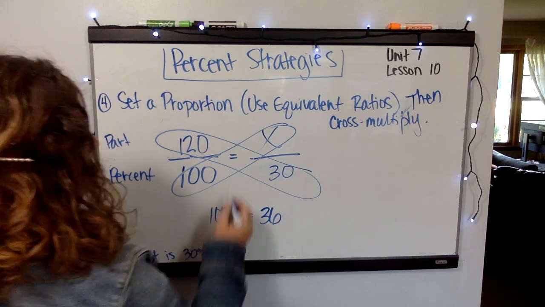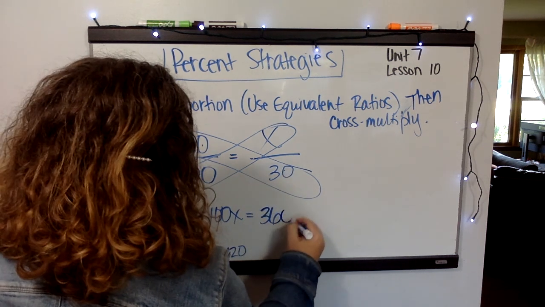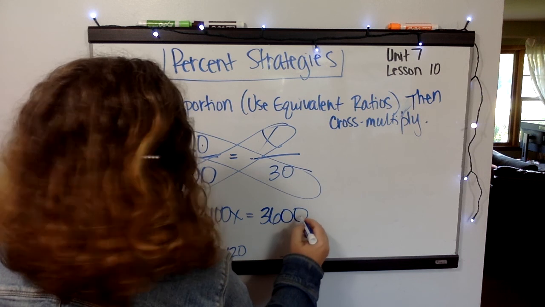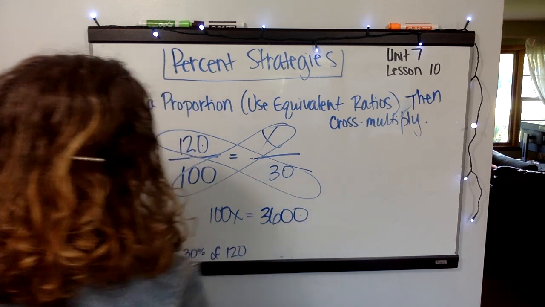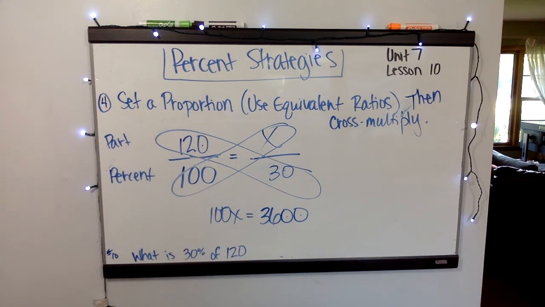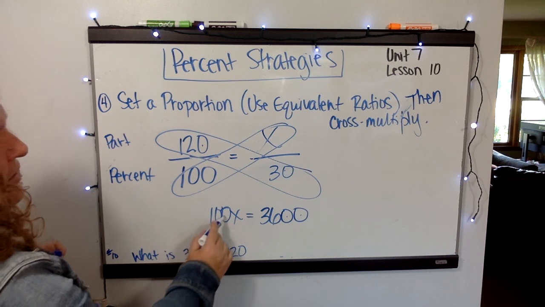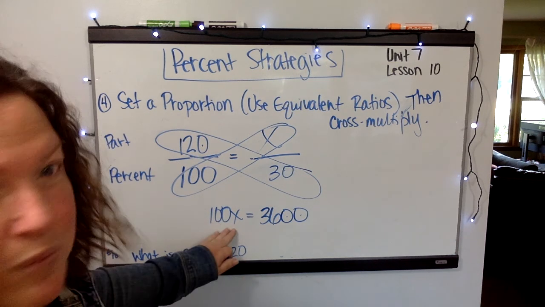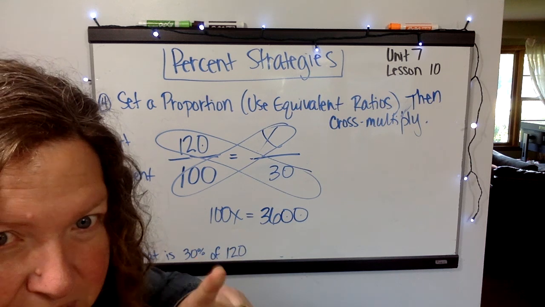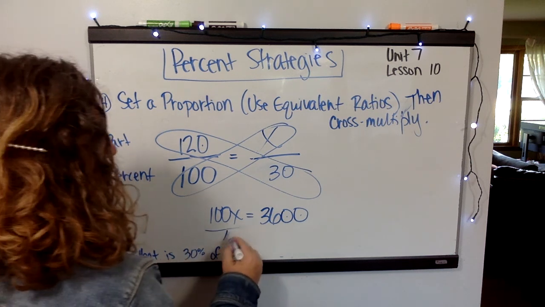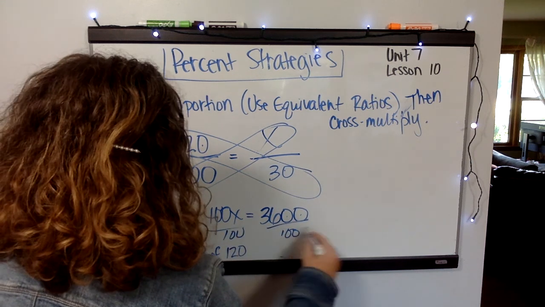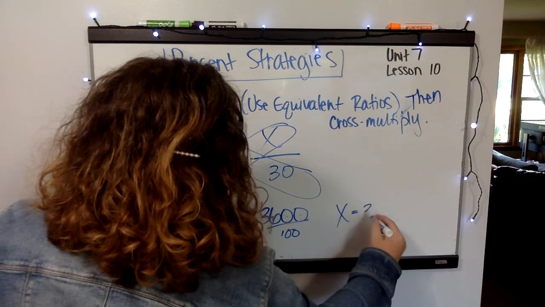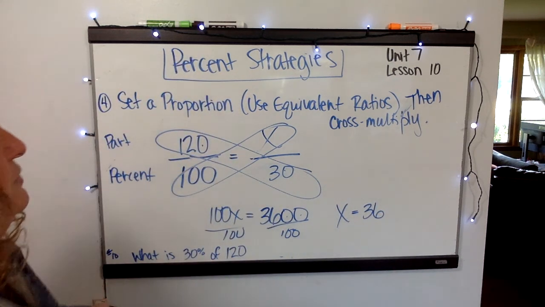So 12 times 3 is 36. I got 1, 2, 1, 2. I don't want 100 groups of x. I only want one group. I want to isolate the variable. I want one x. So I'm going to divide by 100, divide by 100. X equals 36.